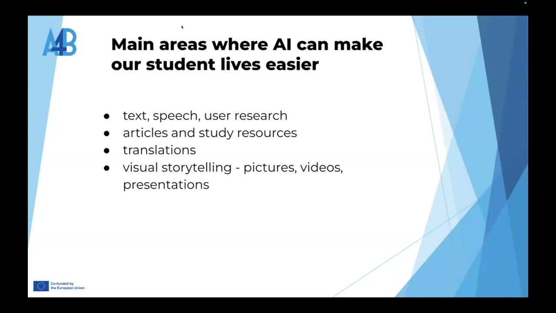You use maybe DeepL, maybe Grammarly to correct your English. So this is a huge field where you can use AI, and visual storytelling, so pictures, videos, presentations. I see some recommendation for how to cite AI. Great, thank you.